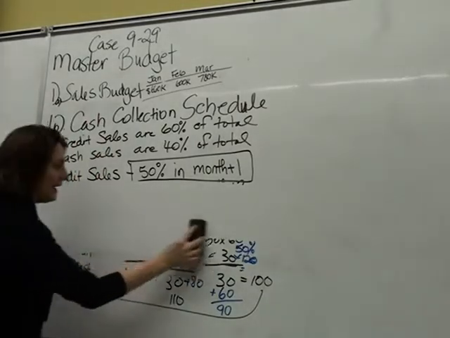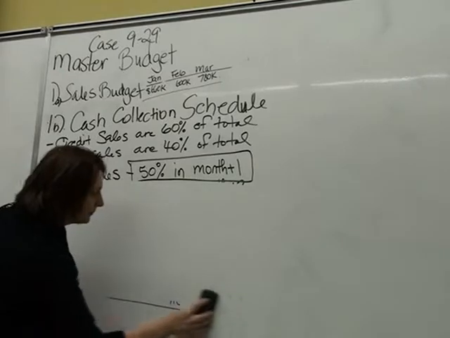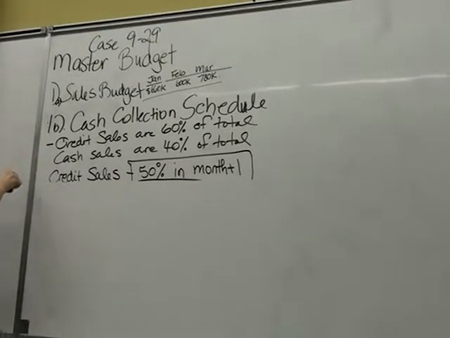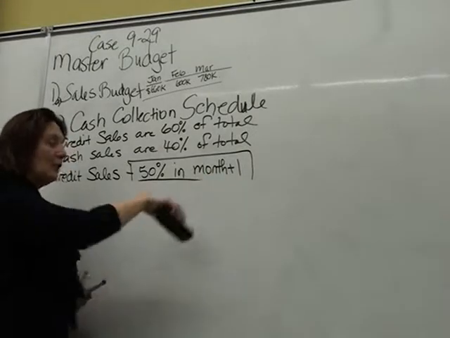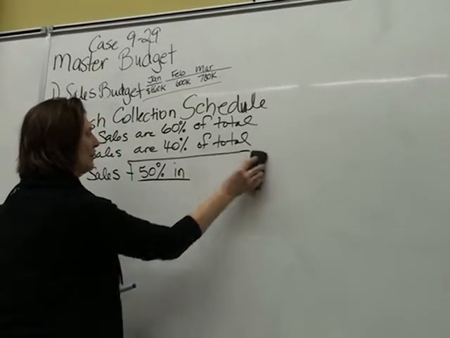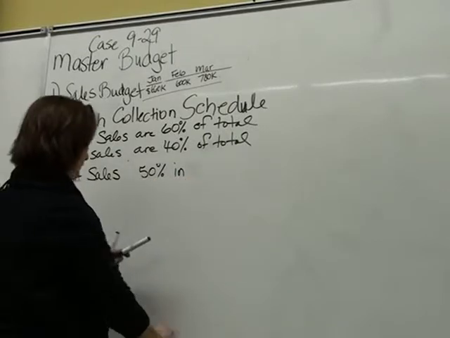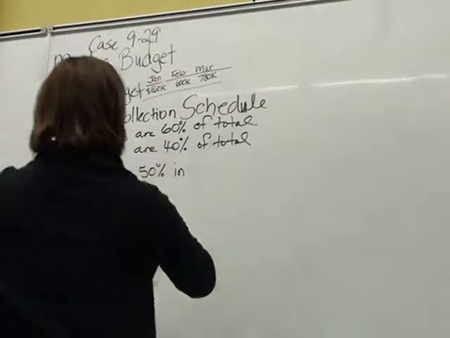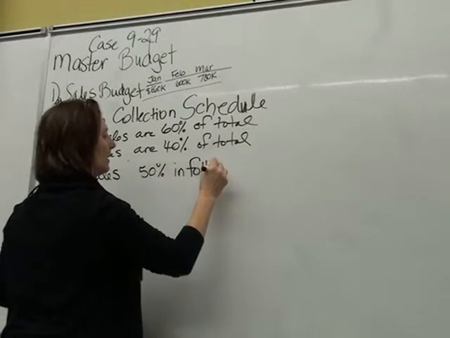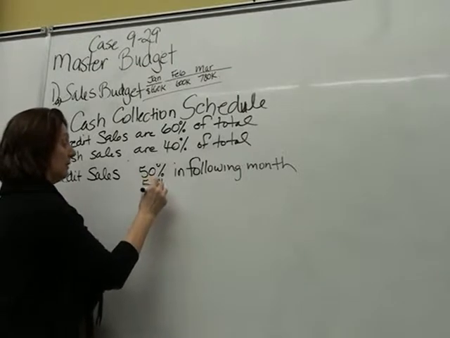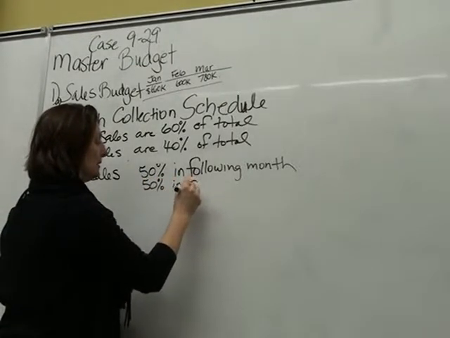In the question that they had, they said cash sales are 40% of the total, credit sales are 50% in month 1, 50% in the following month, and 50% in the second following month.